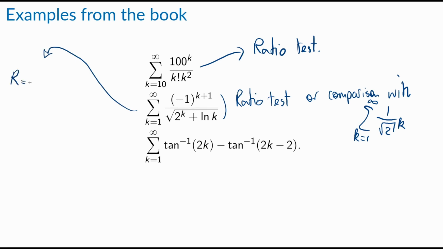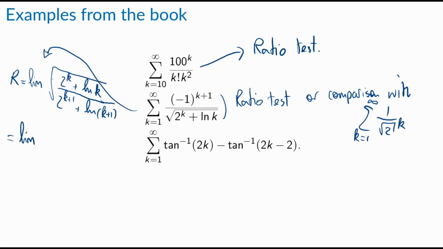Right, that gives us r is going to be the limit. We take the absolute values of these things. So we're going to take the k plus first term and we're going to divide by the kth term. So that's going to give us something that looks like the square root of 2 to the k plus natural log of k over 2 to the k plus 1 plus natural log of k plus 1. So that's the limit as k goes to infinity.